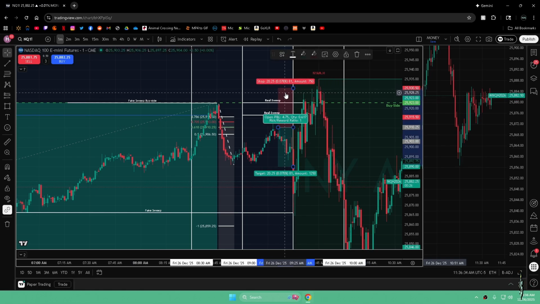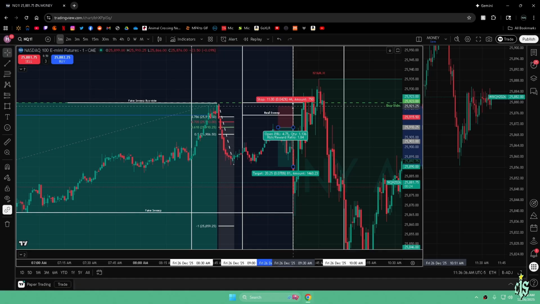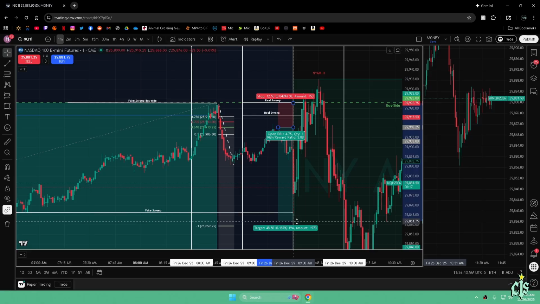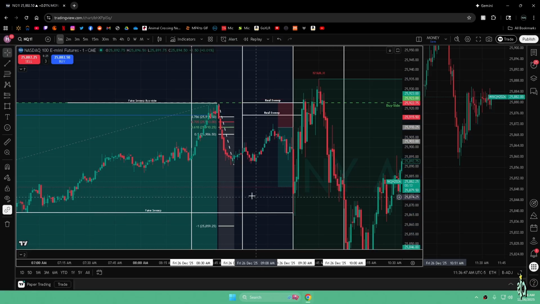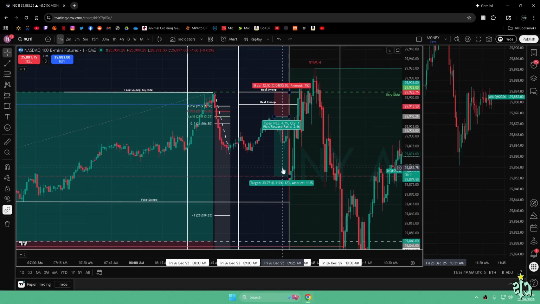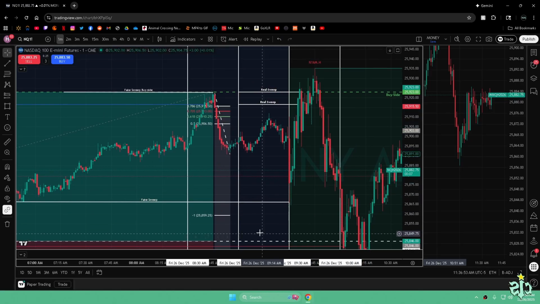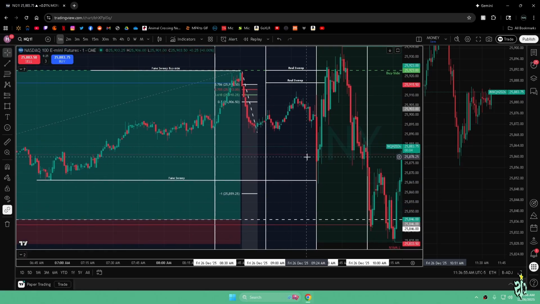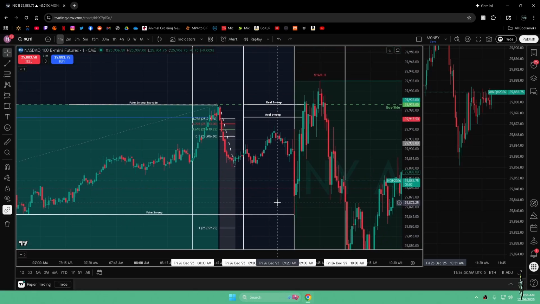But obviously, this one's pretty risky. Yeah, that's the trade you could have taken. And instead of taking it all the way down, you could have taken it to True Day Open because that's a safe spot to get out at. Now, that trade I only got like 500 bucks.